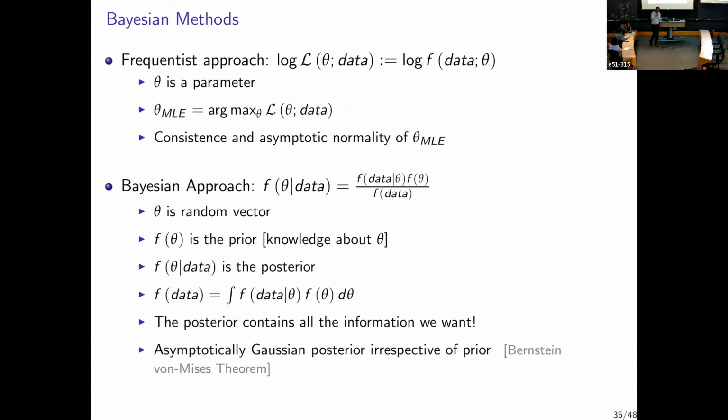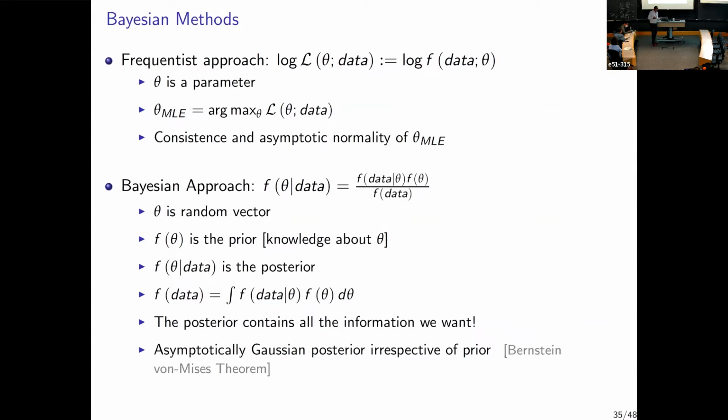Now, the density of the data is just the integration of the density of the data conditional on the parameter over the distribution of theta, the prior. Okay, so we know that. So if we could come up with a way to get this f of theta given data, we would have all the information that we want about the parameter theta given the new data. So that's the posterior distribution.